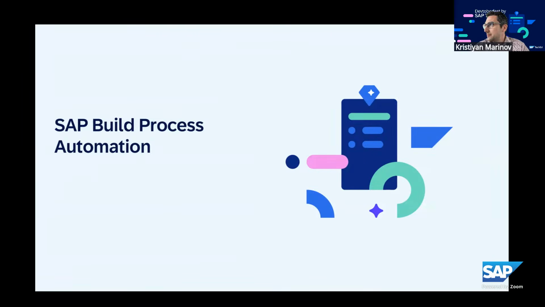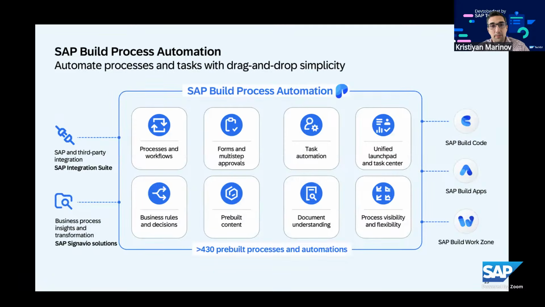And so we are part of the SAP Build Process Automation architecture team. So we'll focus our demo and the presentation on Build Process Automation, or SBPA as we call it for short, which is a piece of the overall SAP Build portfolio of tools. Process automation allows you to automate processes and tasks with drag and drop simplicity.